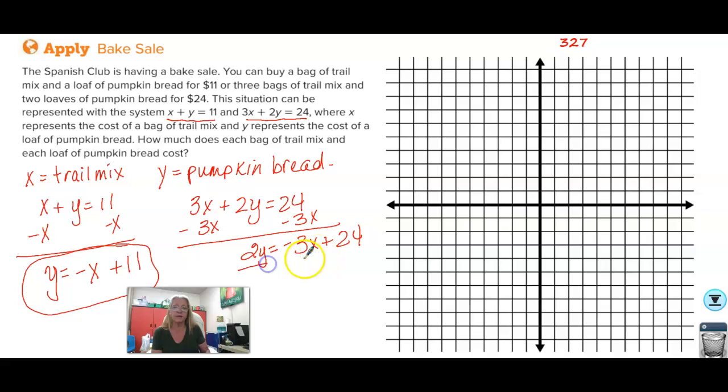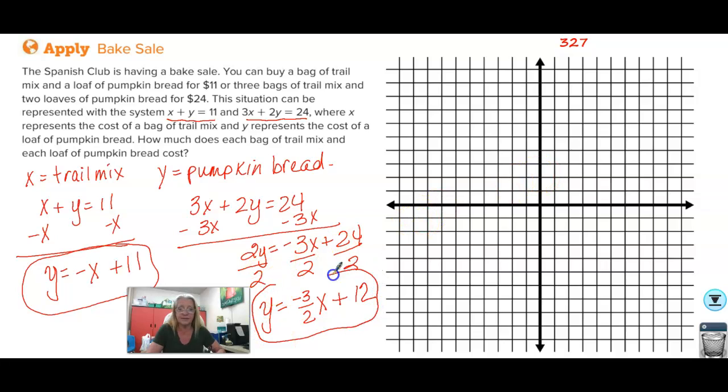Then we need to divide each term by 2 to get rid of the 2. And that will give us y is equal to negative 3 halves x plus 12, because 24 divided by 2 is 12. Now this little graph over here just barely does 12. It's really tough. So this is the other equation here.